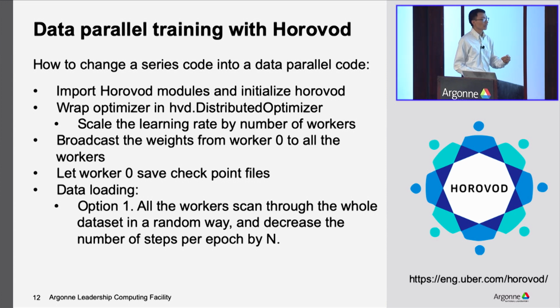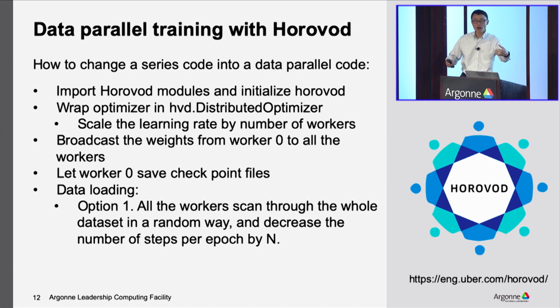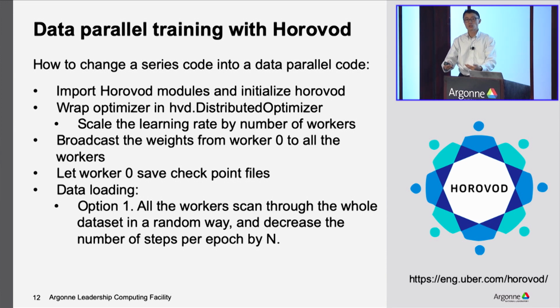The first is that I still let all the workers see the entire data set. Each worker will read a batch of the data from the data set, but they read randomly. We hope that by this random fashion, all the workers can cover the entire data in a faster way.